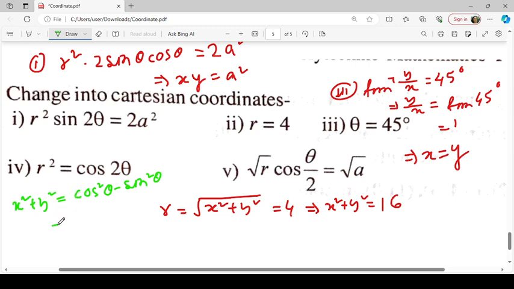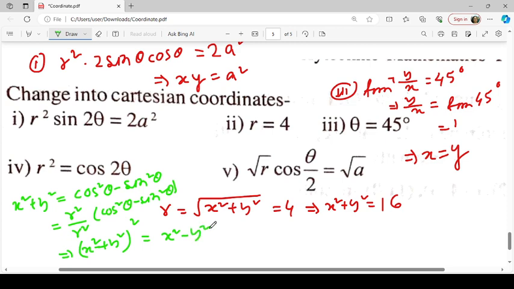If we do r² by r², it is cos² θ minus sin² θ. So r cos θ is x, r sin θ is y, and r² we take to left hand side, so we write (x² + y²)² is equal to, r² cos² θ is x² minus y². So this is the way to solve this problem. Thanks.